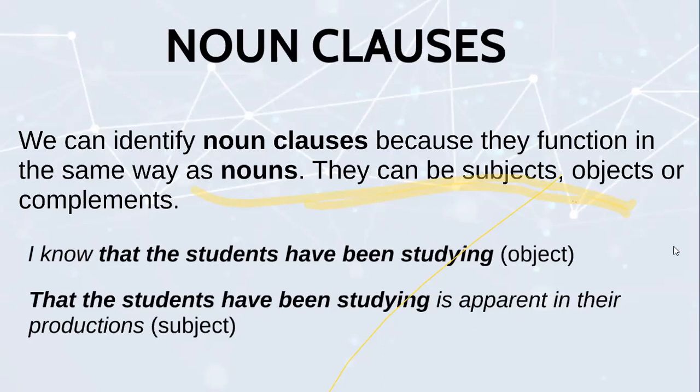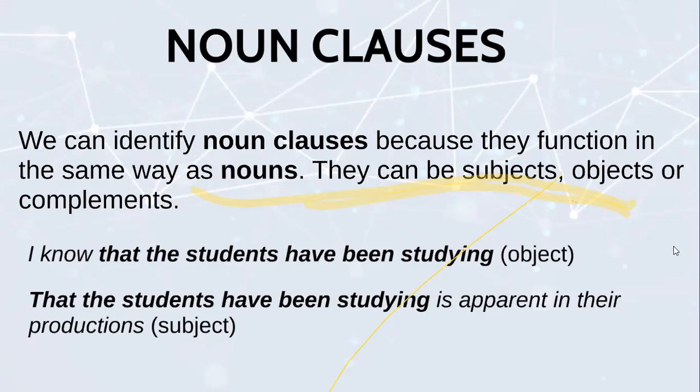So sometimes we can consider them as mini sentences or full sentences. And there are some cases in which they function in the same way as nouns. That is to say, we can have a clause as a subject, as an object, or as a complement.